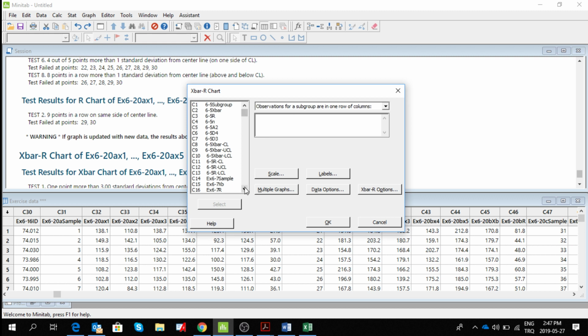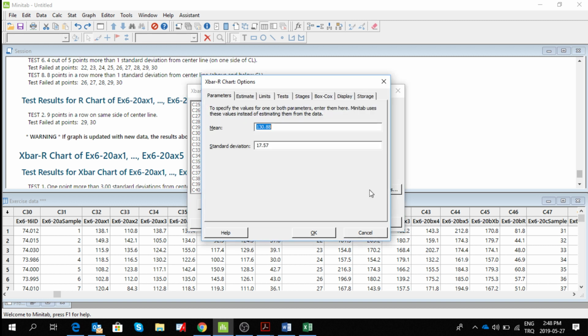Next, I'm going to copy them here. This is question 20, so I'm going to write that. And second one, third one, fourth one, fifth one. Okay, I'm going to go to X bar options.